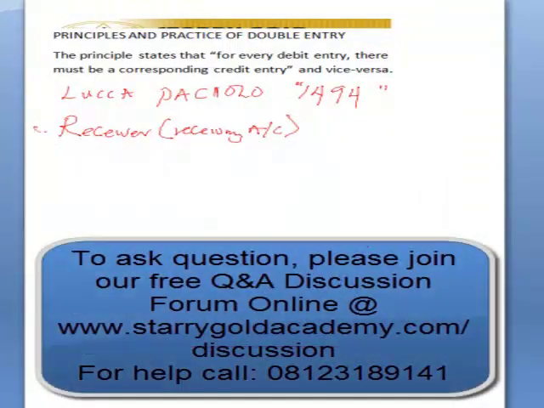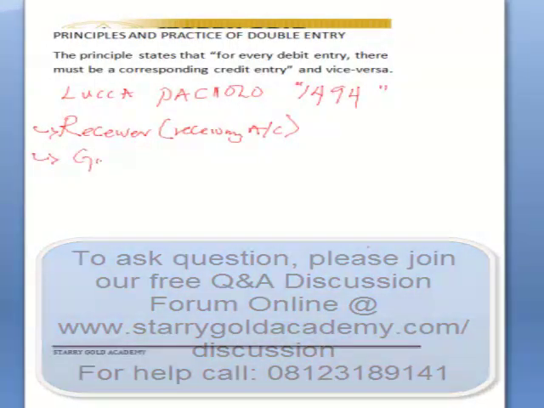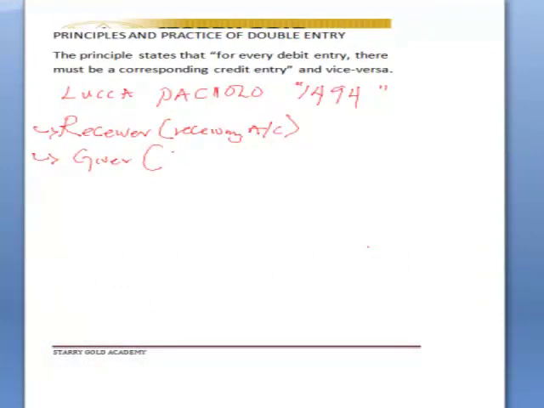Then we must have another party called the giver, and that giver can also be called the giving account. So the double entry principle recognizes that there are two parties to every account transaction. As a result of that, we have the receiver and the giver.